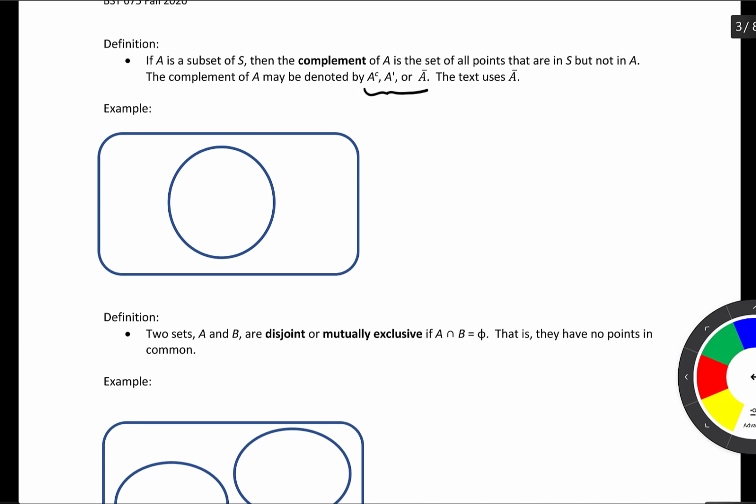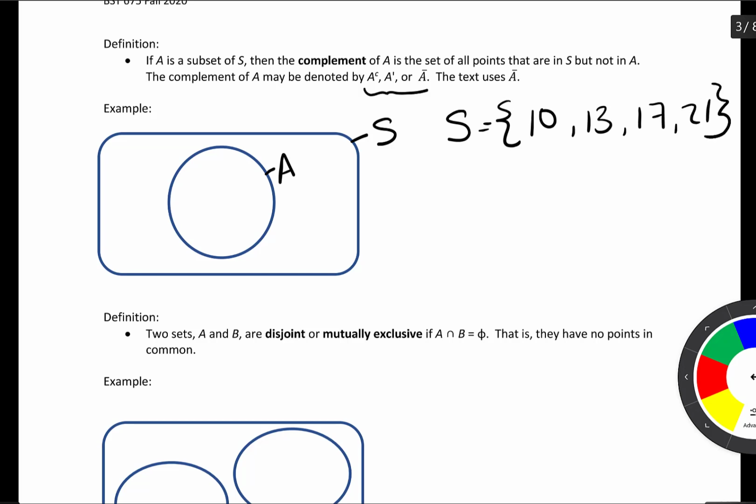So for example here, again, we're going to let the rectangle represent S. The circle is going to represent A. So let's say that S is equal to 10, 13, 17, and 21, and A is the set containing 10 and 17. So in our picture, we'll have 10 and 17 in here.